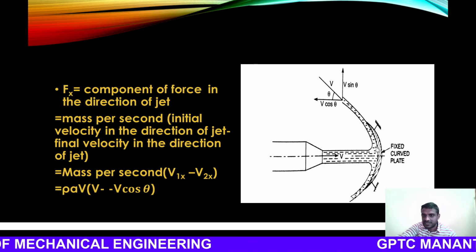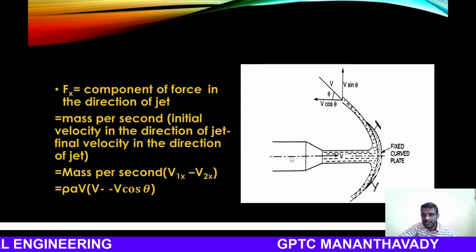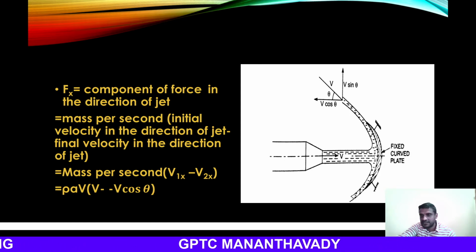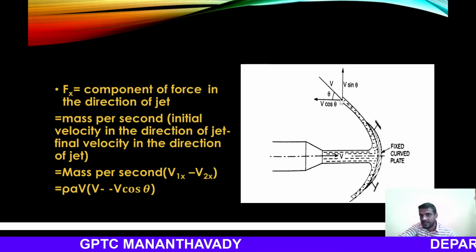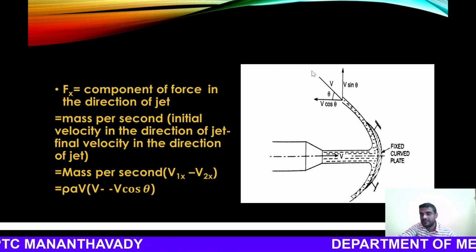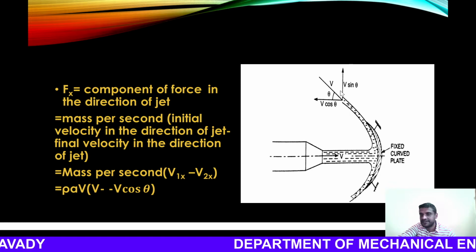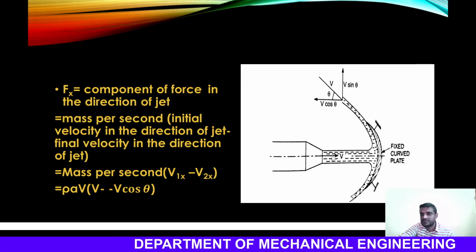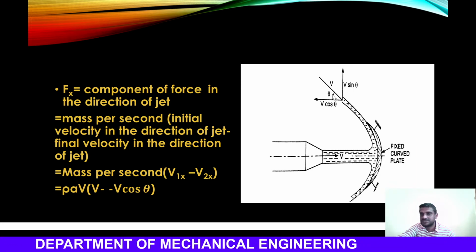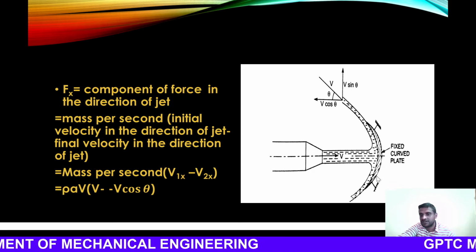This is the curved plate and this is the center, and the jet strikes at the center and comes out this way with a velocity v, inclined at an angle theta.